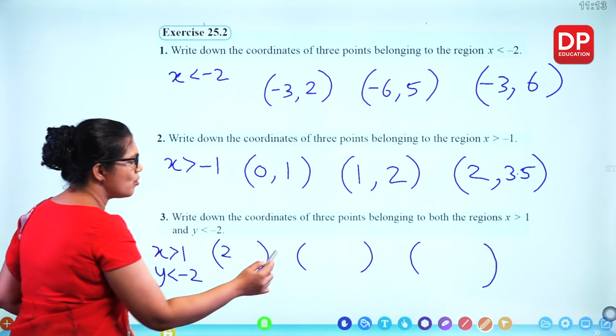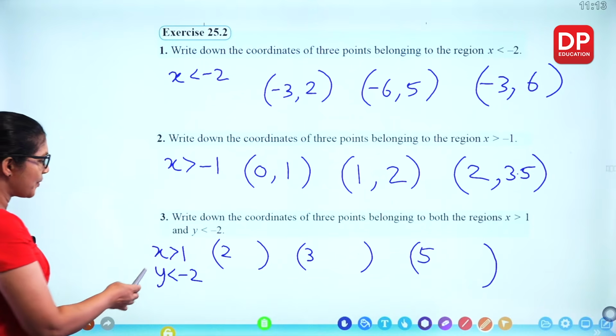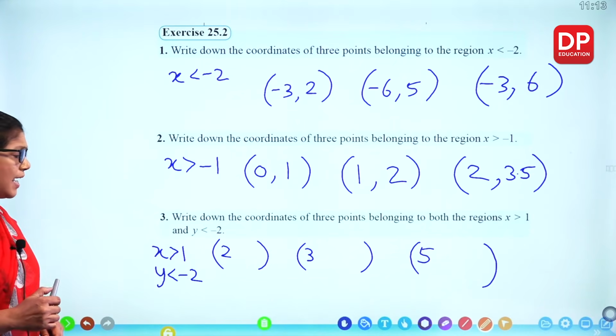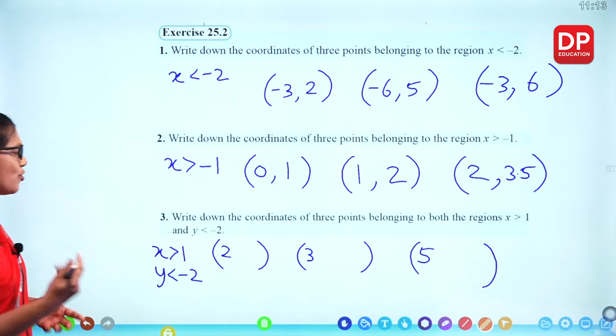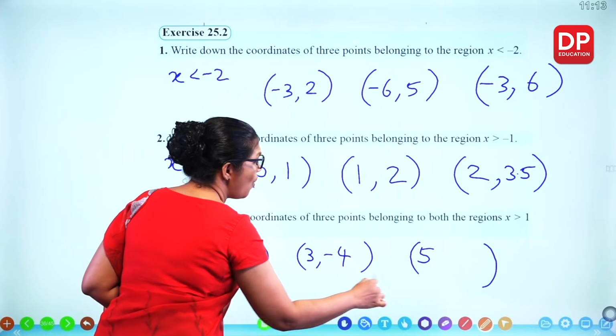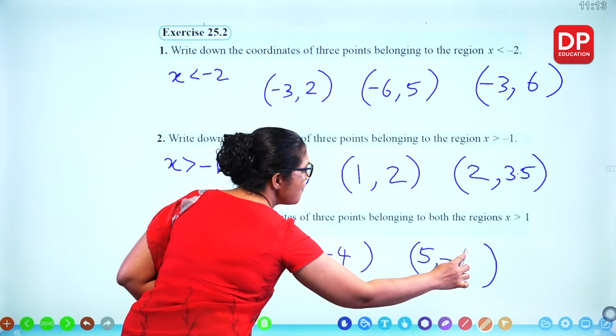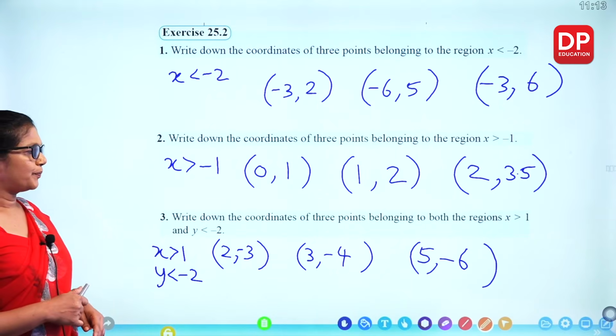So you can write 2, 3, 5, any x value. But the y value should be less than minus 2. Less than minus 2 means minus 2 is not included. You can write minus 3, minus 4, minus 5, any number that's less than minus 2.